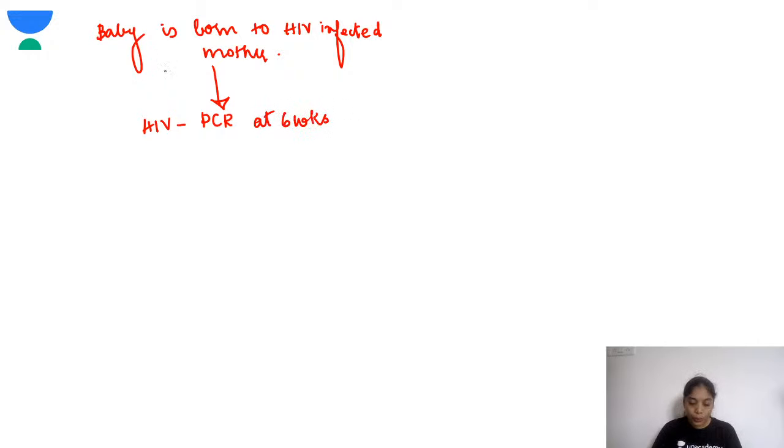Also, before that, for any child born to a mother with HIV, you have to start treatment. So you start with nevirapine. This depends on whether the mother has taken antenatal and intrapartum therapy. Intrapartum means the time she had labor pains till the delivery of the placenta.